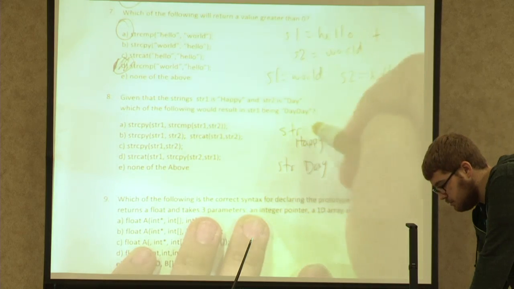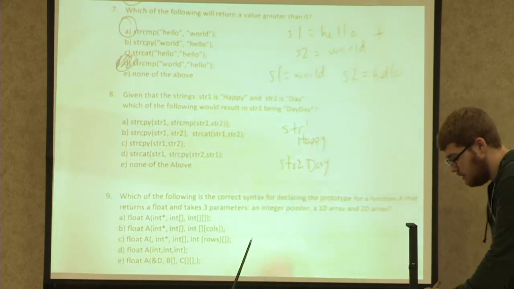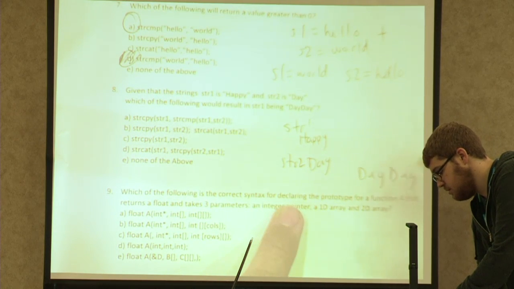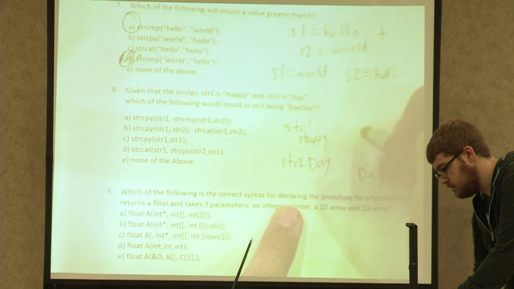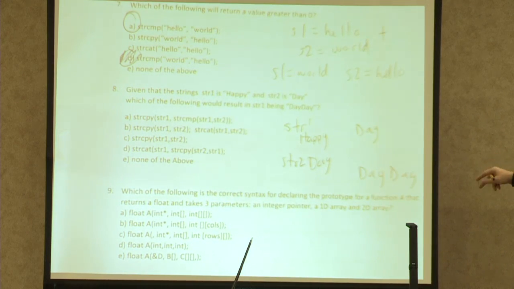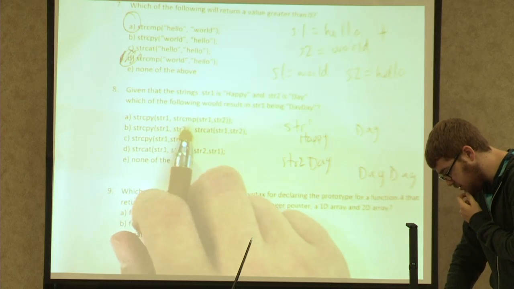There's two ways you could do it. You could do it by making day day, right? And then overriding happy. Or you can make it day and then string catting another day on it from string 2, right? So the first one we have string copy, string compare.